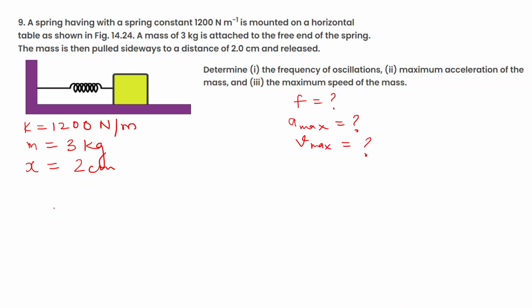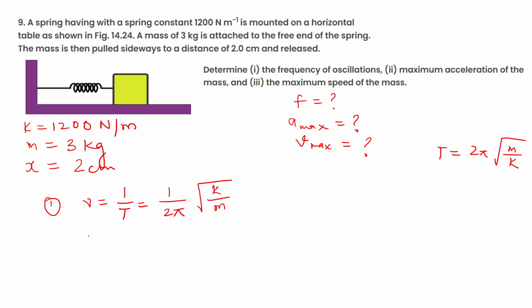So the first formula, for the first part, which is frequency, you know frequency is the inverse of the time period, and time period is given by 2 pi under root mass over spring constant. So when we substitute here, the frequency will be 1 over 2 pi, and under the root it will be k by m.